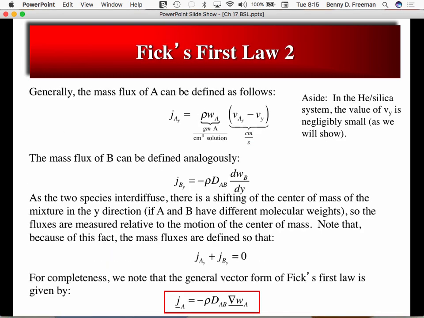And so the diffusion is always measured relative to a frame of reference or relative to an average velocity of the system.